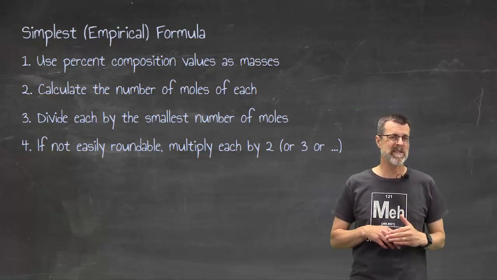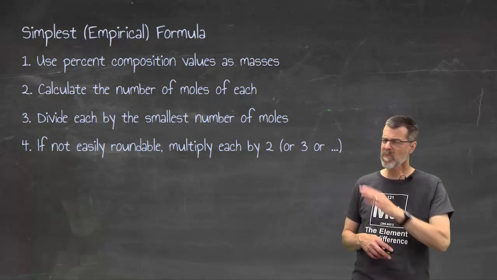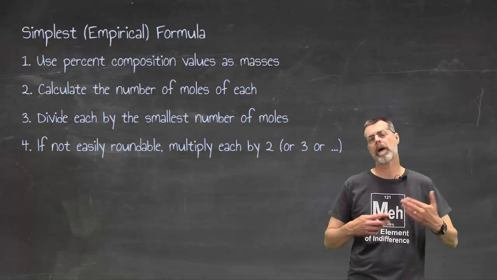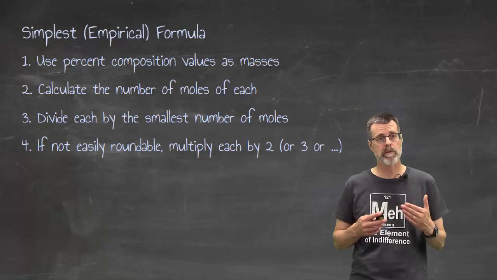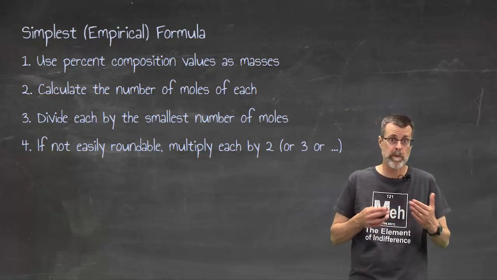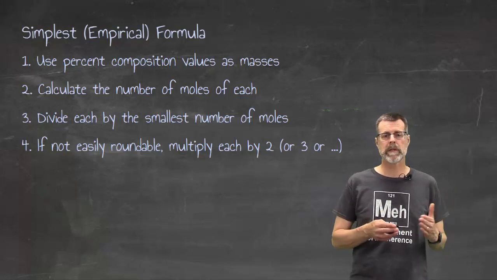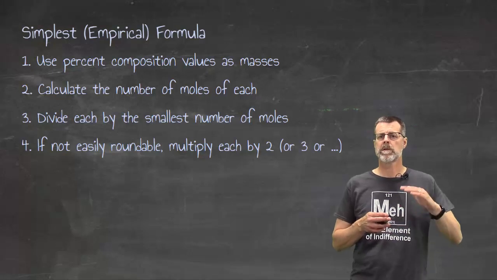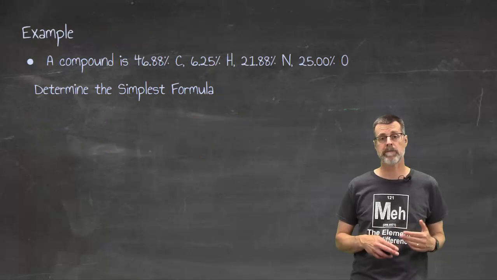We won't necessarily always do step 4. It's if necessary. And when I say not easily roundable, the obvious question is how much rounding can we do? And the answer is all these chemical formulas will come out to whole number ratios. Chemical formulas are almost always, in our cases always, related by whole number ratios. So if we are far away, there's either been a mistake or we need to do step 4.